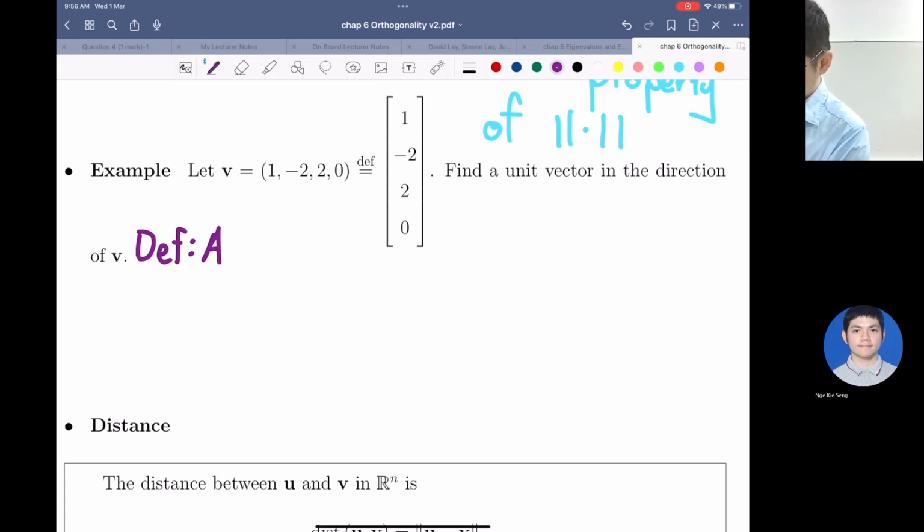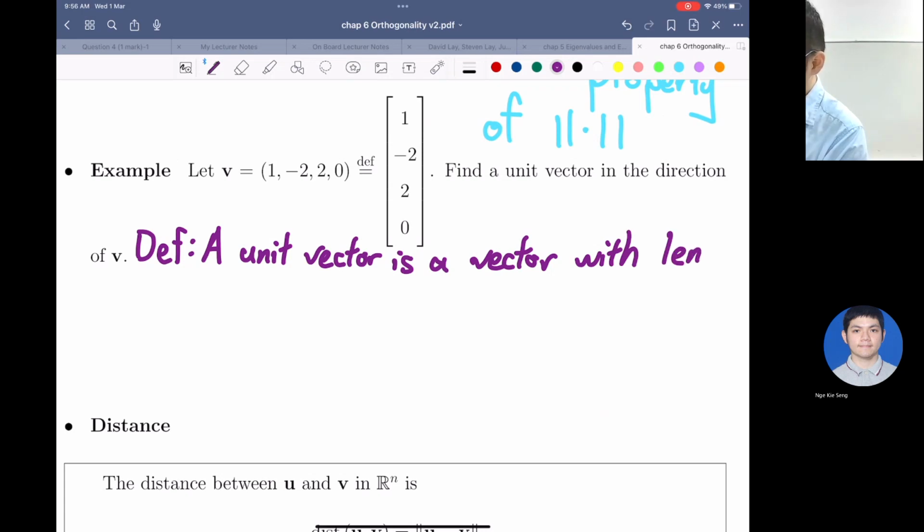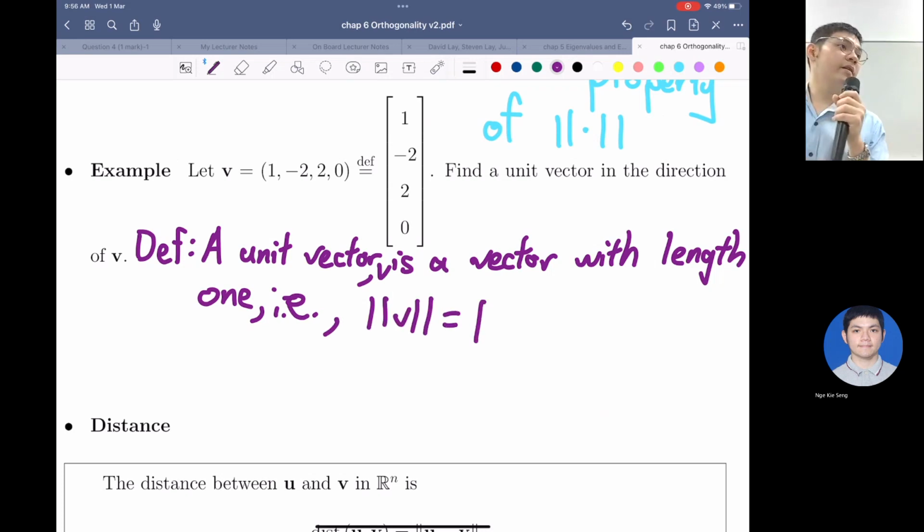Definition: a unit vector is a vector with length 1. That is, if we call it v, the norm of v is 1. Unit means 1, so the length is 1.